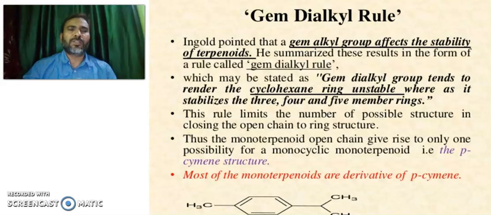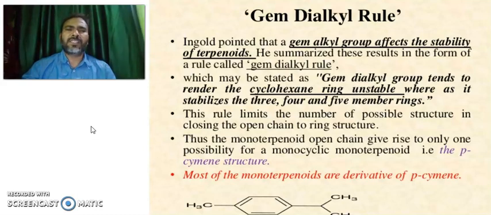This topic is also important for short type questions. So Ingold pointed out that a gem alkyl group affects the stability of terpenoids.